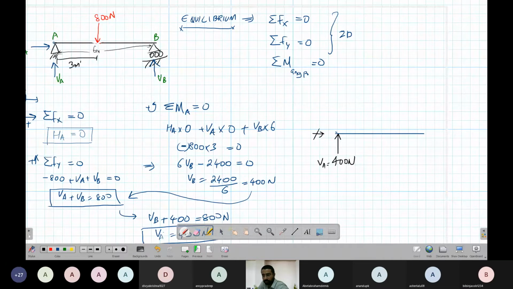This is 0, this is HA. There is a force in this direction, VB equal to 400 Newton. And there is a force here, 800. Just give me a moment.